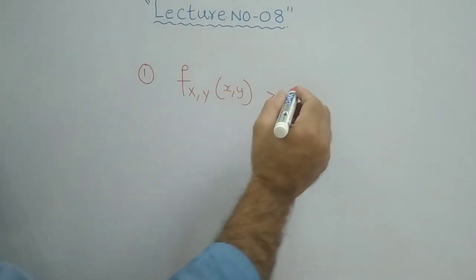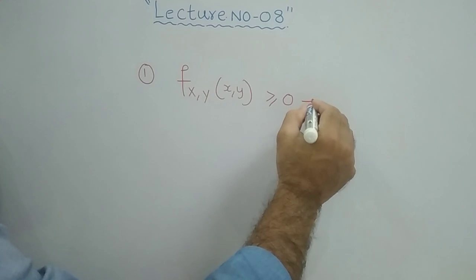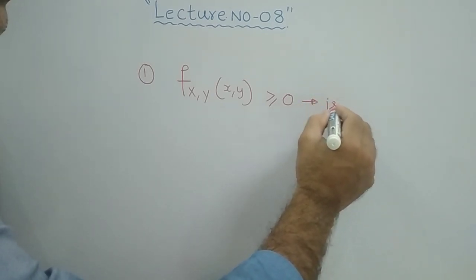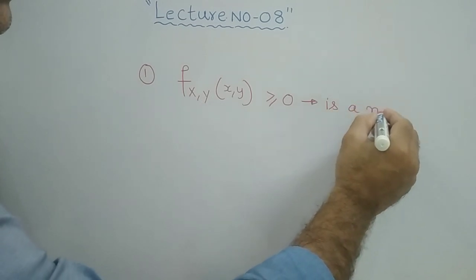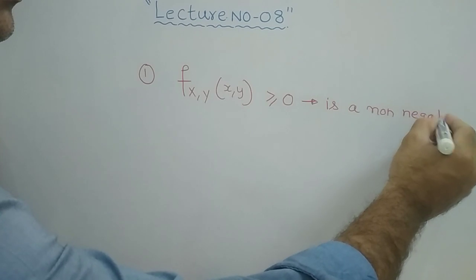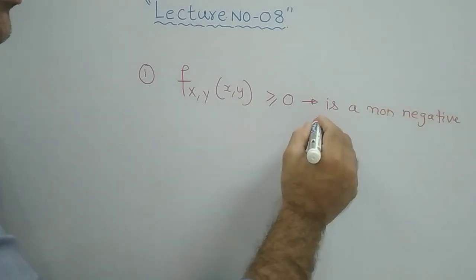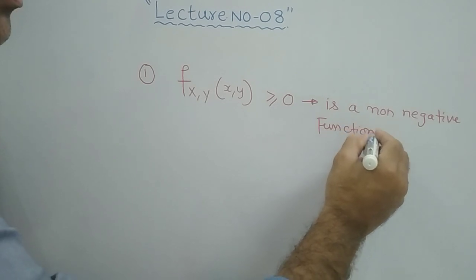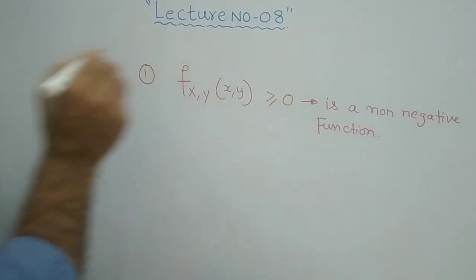What does it mean? It means that the joint PDF is a non-negative function. It should not be negative. It must be positive, either equal to 0 or greater than 0, but it should not be negative.